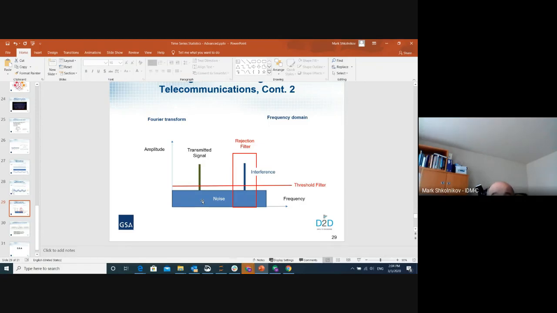You pass the signal through the correlation filter, and when you sum it up, the signal is summed up arithmetically and the noise is summed up geometrically, which means the noise disappears and the signal is increasing. And finally, you have a very, very clear picture on a repeating periodic signal.